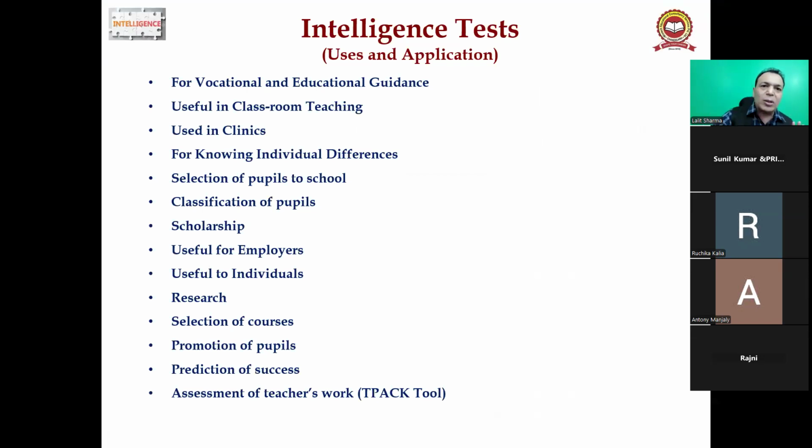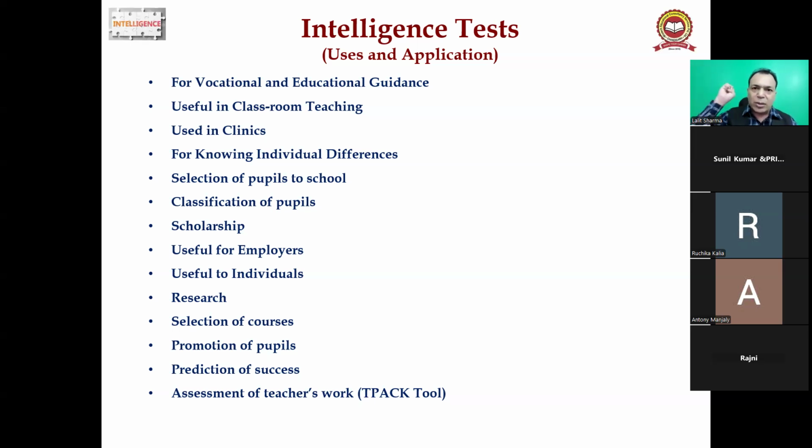Similarly, all these scales are tools to show you the intelligence level for vocational and educational guidance of the student, for knowing individual differences, selection of a pupil to school, classification of pupils, scholarship, useful for employers, useful for individual research, selection of courses. So the test is very important. You have seen that many parents in India, without going through these tests for selection of courses, put their son or daughter into a particular field.